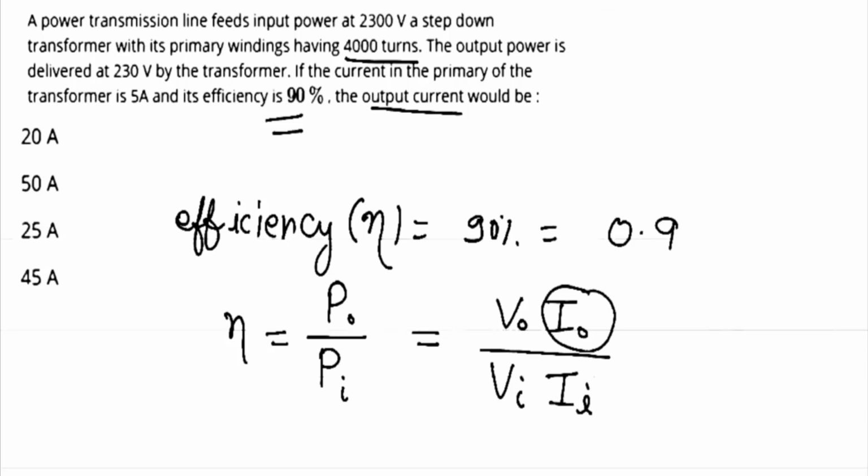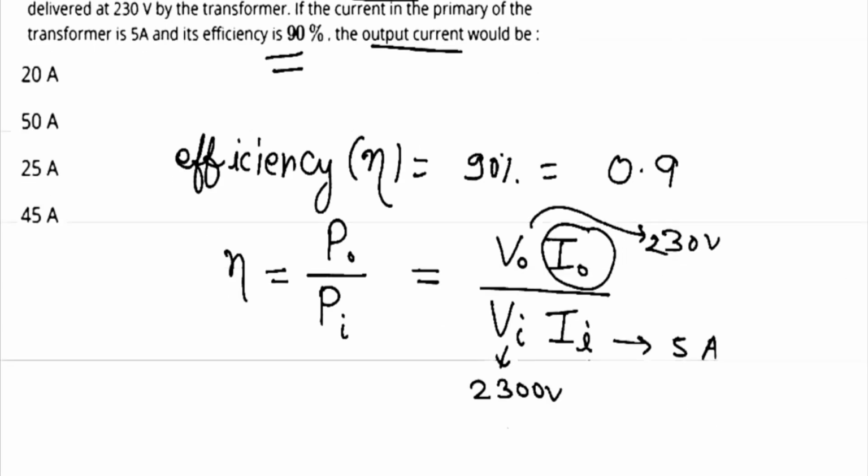Okay, so in the question V0 is given as 230 volt, Vi is given as 2300 volt and the input current is given as 5 ampere.